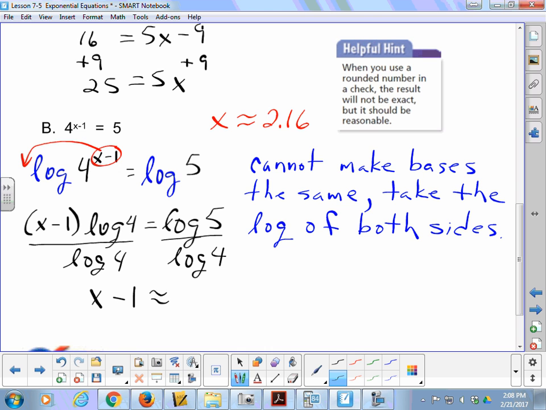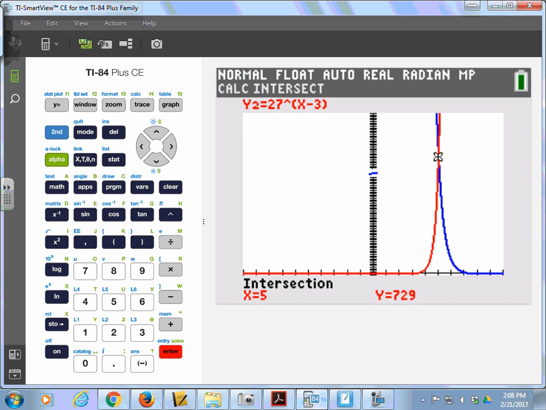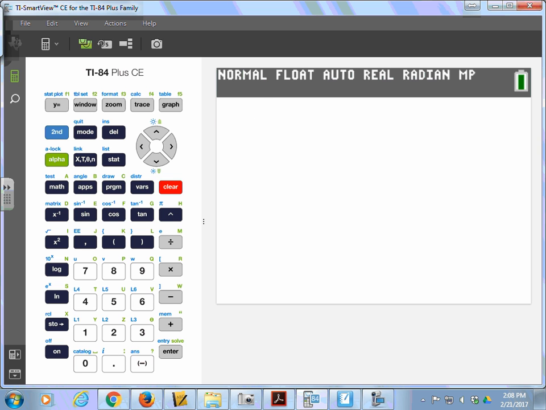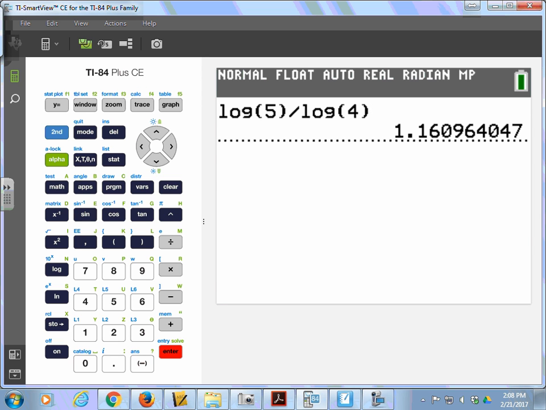I'm going to end up with a decimal number here, so I go to my calculator. Log of 5 divided by log of 4. So we get approximately 1.16.